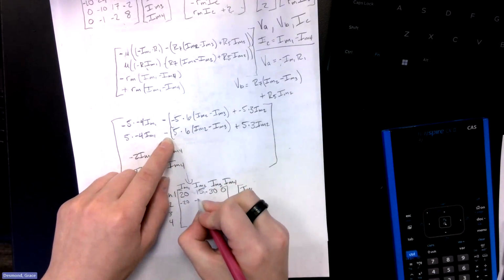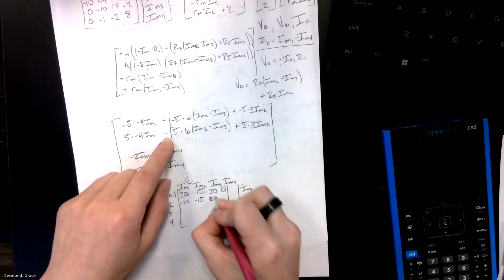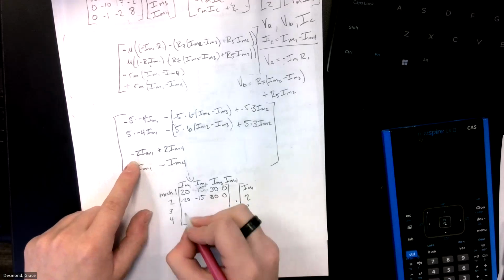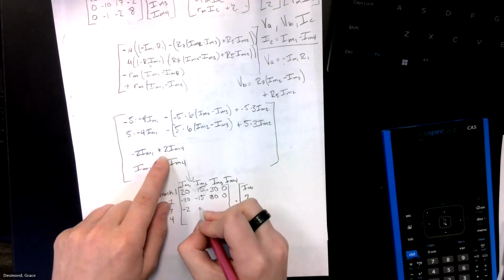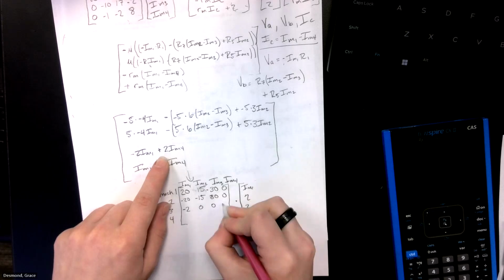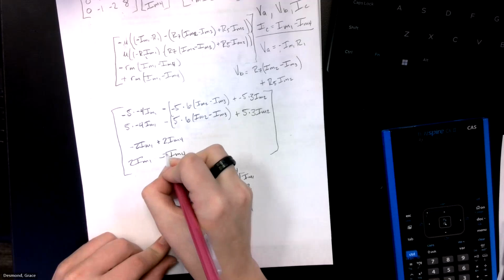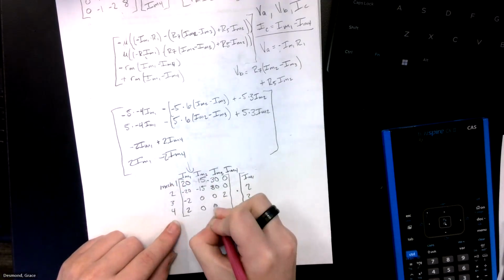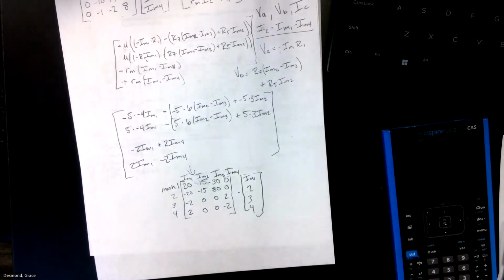So negative 15. And then we have positive 30. 0. These are easier. How many IM1s? Negative 2. Beautiful, right? Okay. Lovely. So now, what's our next step?